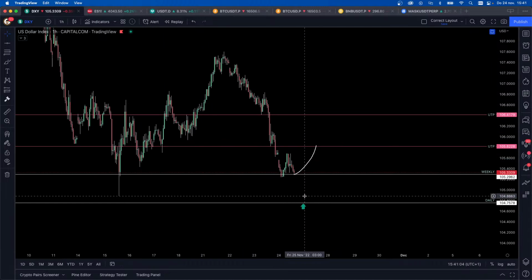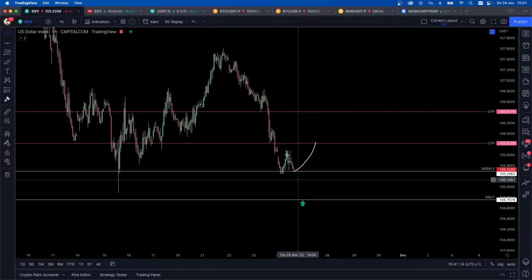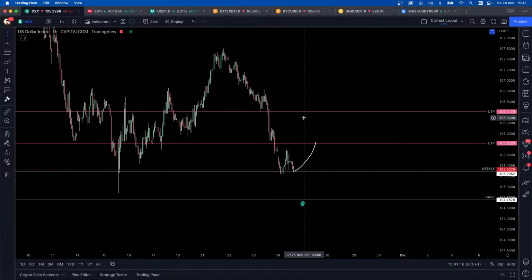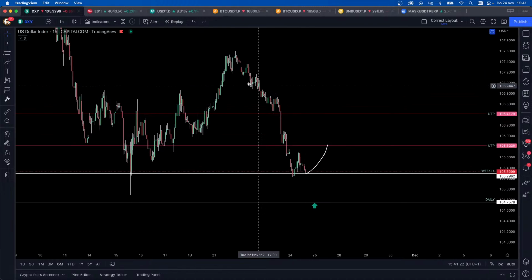If the dollar falls, then you will see that USDT and Bitcoin and the stocks will actually gain strength. So the two most important charts for me are the dollar and USDT dominance.